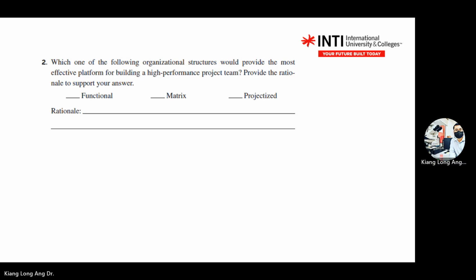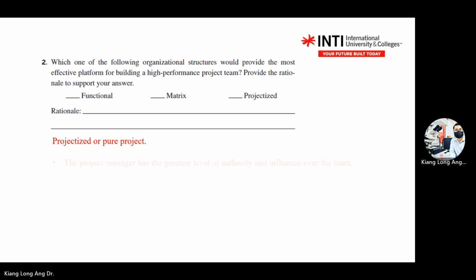And the third one is the KPI. The KPI of the organization chart under project base is that the team performance review will link to the project success rather than functional success. It's based on the project, not the products. Project is project. They are two different things.